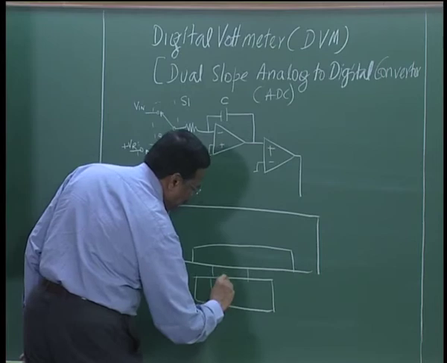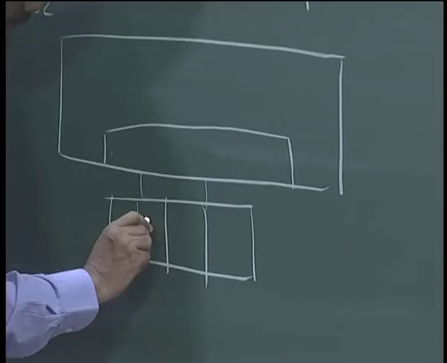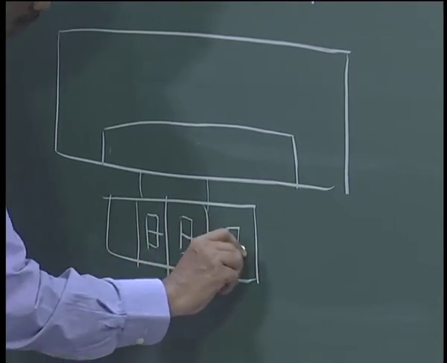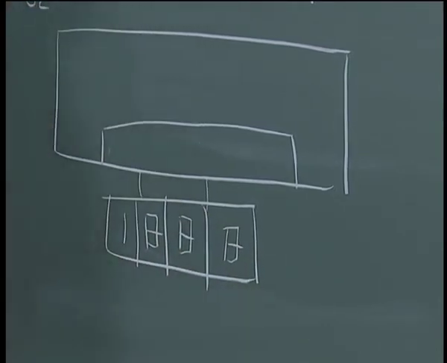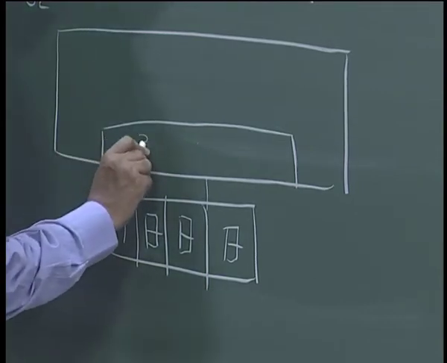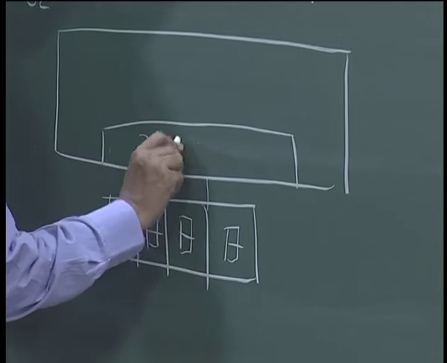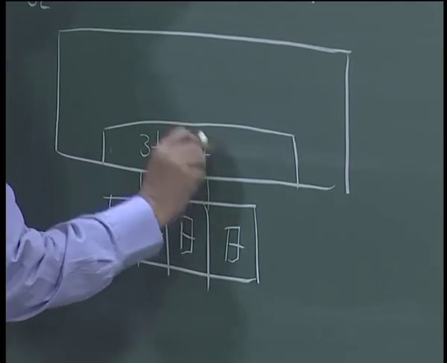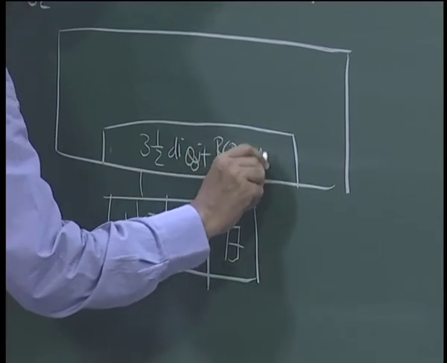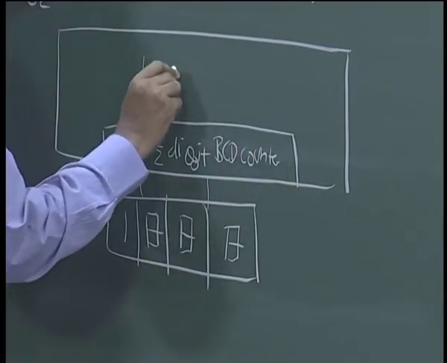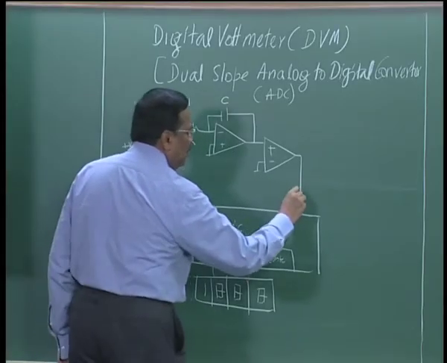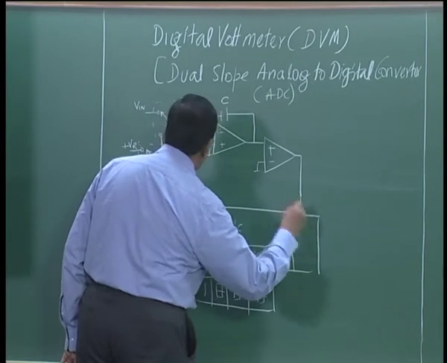So, I have 3 full digits and the last digit either 0 or 1, and so we have a 3.5 digit BCD counter. Then we have the digital logic to control the analog to digital converter.